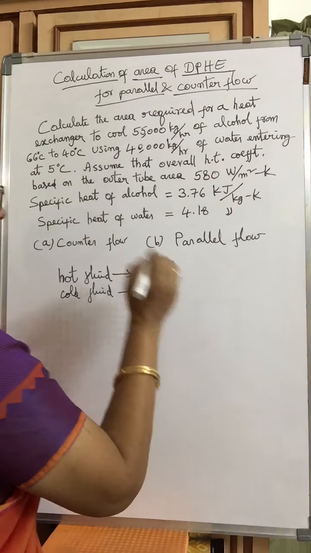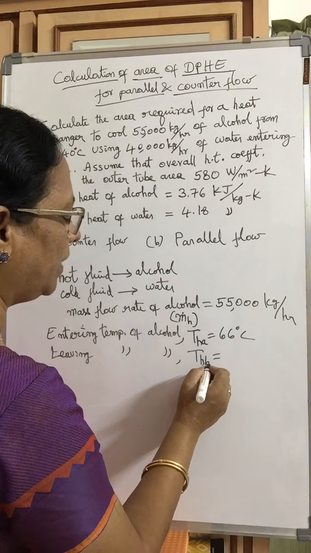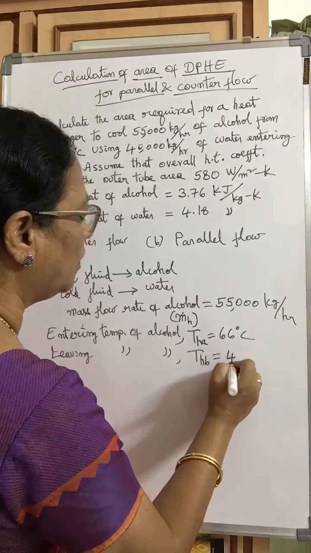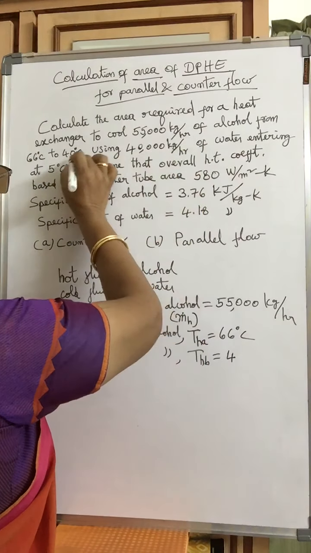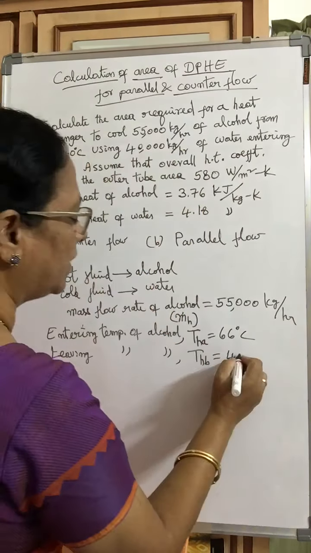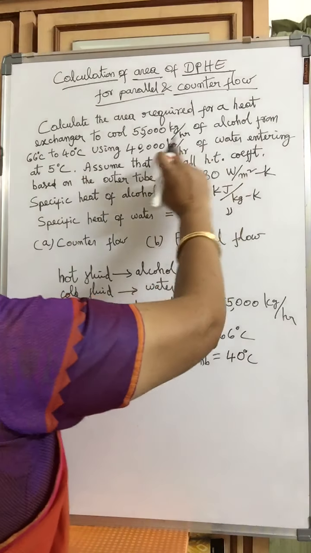Then the leaving temperature of alcohol, that is T_Hb, where small b denotes leaving. Alcohol is hot fluid, so that is 40 degrees centigrade. Next, what else is given?